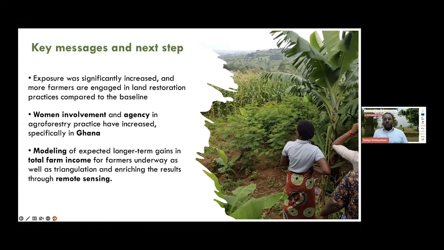To look into the long-term impact of the Regreening Africa program in terms of farm income, the modeling activities are underway, and we are also working on triangulating and enriching the results through remote sensing analysis. Thank you. That's all.